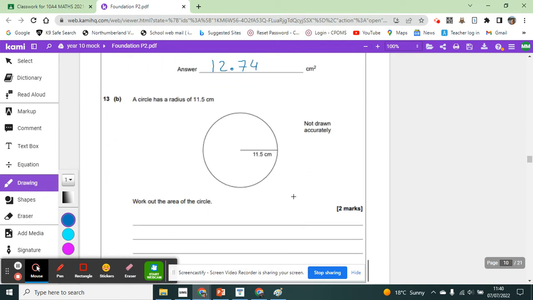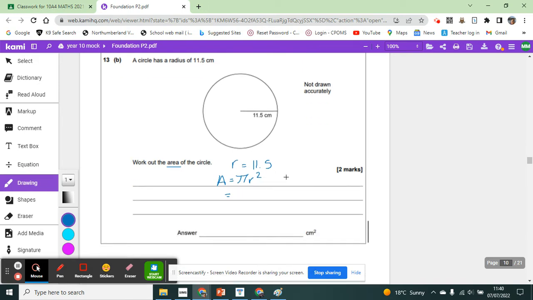A circle has a radius of 11.5, work out the area. So if the radius is 11.5, the formula for a circle is pi r squared. So again, if you take that as 12, 12 squared, 144 times by 3, we're looking at about the 300 mark. So we're going to just put that in our calculator, pi times 11.5 squared gets me 415.5.